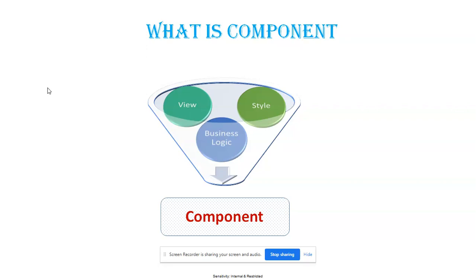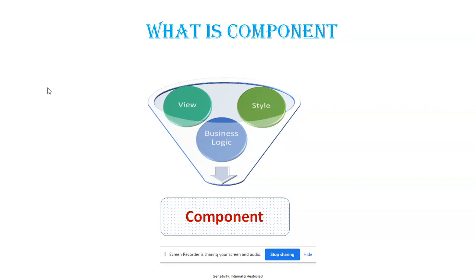Next one is style. Already we are familiar with how to apply a style by using CSS. The same we will be using here as well. So finally, to write business logic, I will go for TypeScript, which is the extended version of JavaScript, and to apply a style, I will go for CSS.